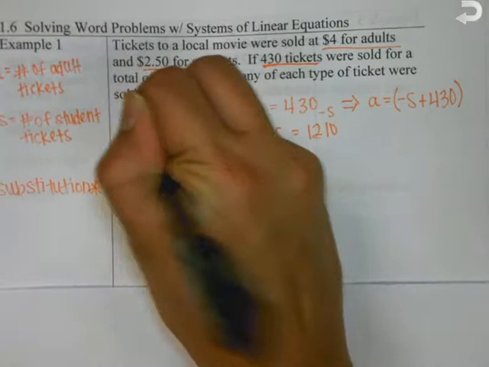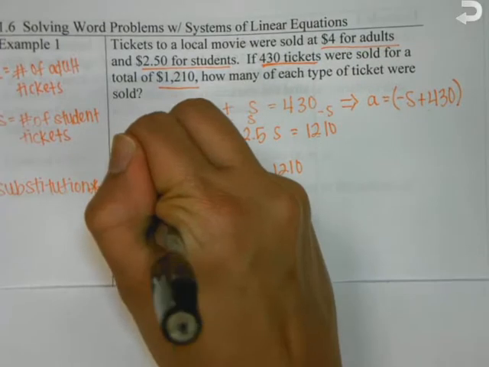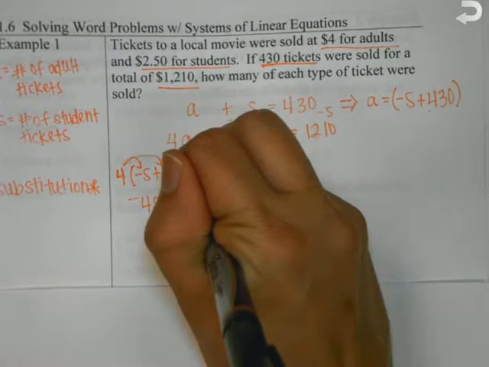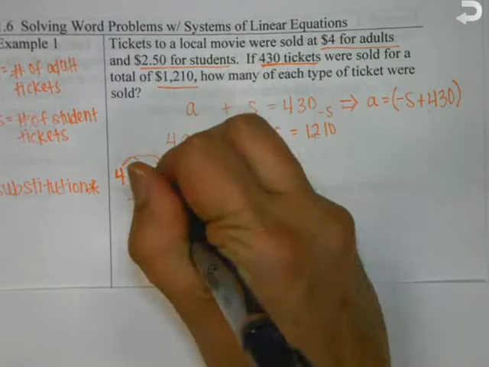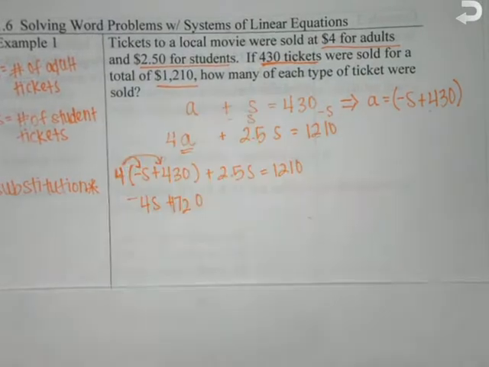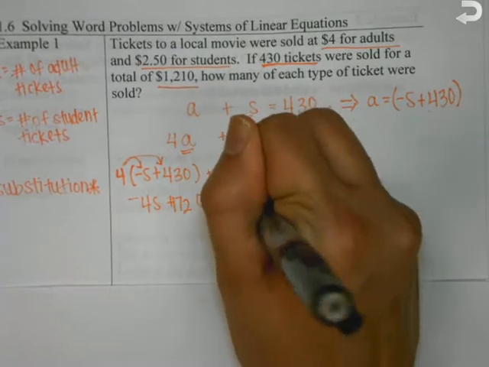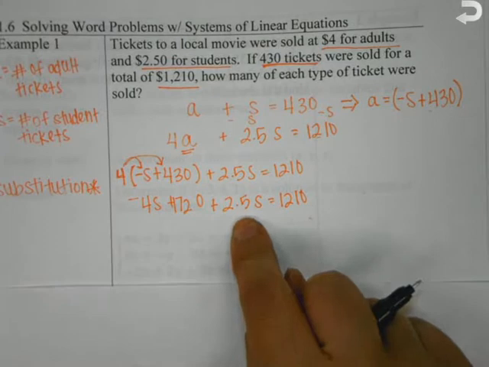That's negative 4S plus 4 times 430, which is 1720, plus 2.5S equals 1210.